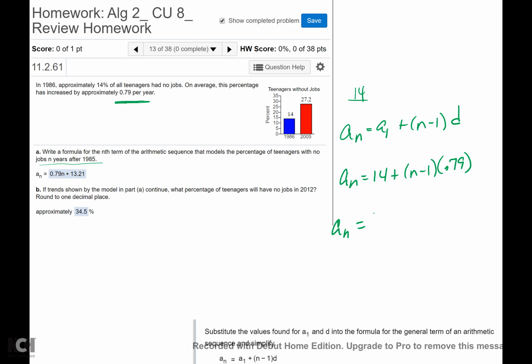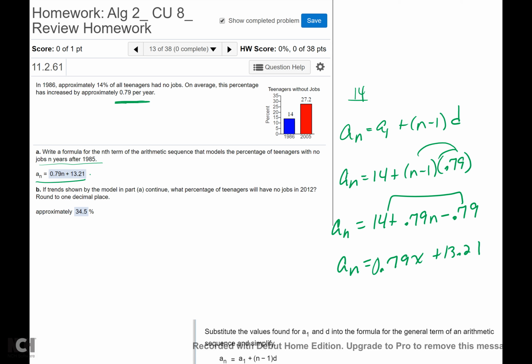So if I distribute, I get 14 plus 0.79n minus 0.79. Combine like terms, and 14 minus 0.79 is 13.21. So we have 0.79n plus 13.21.